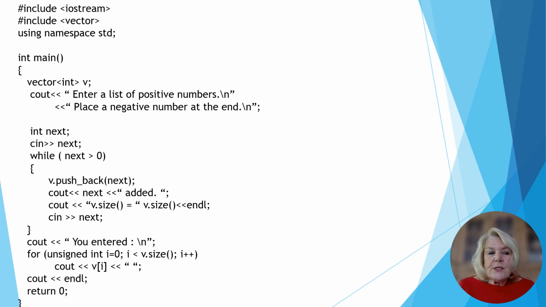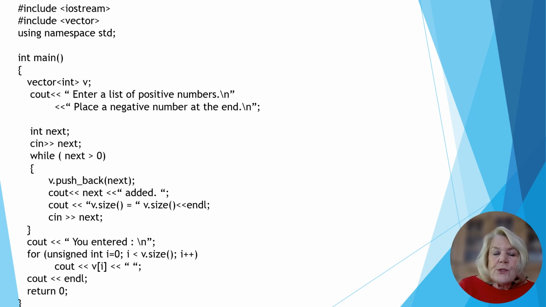So first, we introduce an integer called next, and then the first number that they wanted to add is assigned to next. So as long as next is greater than 0, it's going to go through these executable statements, which are part of the while loop. It takes whatever that value is in next, and it uses the push_back function to add that at the end of our vector v.